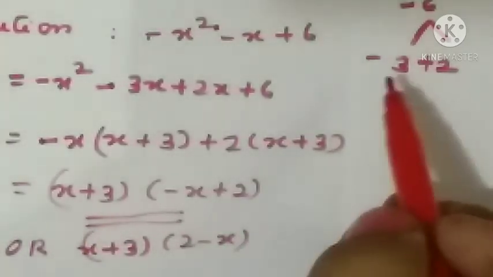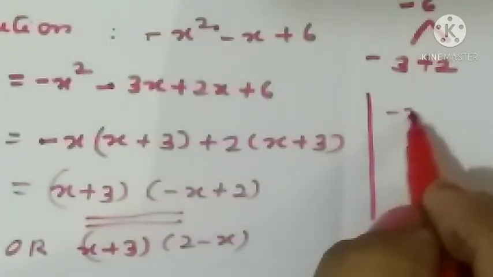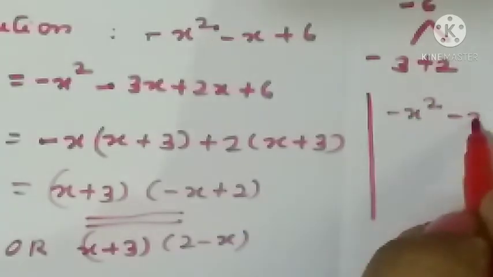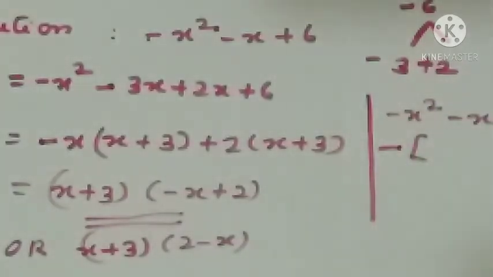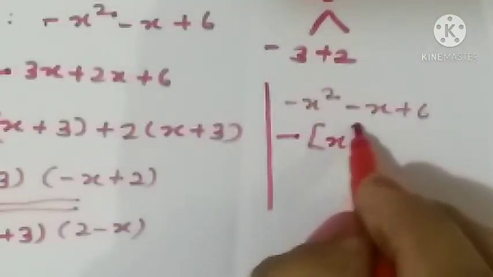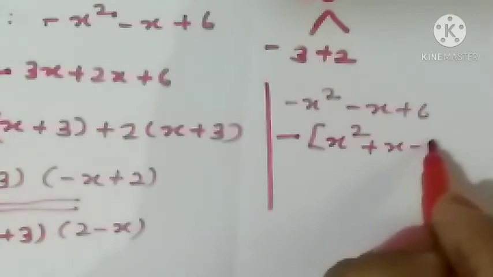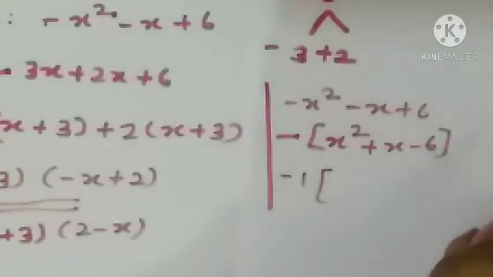Now when we are solving this type of question, we can take minus common from minus x square minus x plus 6. So what will you get in the bracket? Minus, if you have taken, x square plus x minus 6, right? So minus 1 I'll take here and minus 6 is to be factorized. So minus 6 to be factorized means it is 3 and 2 only.